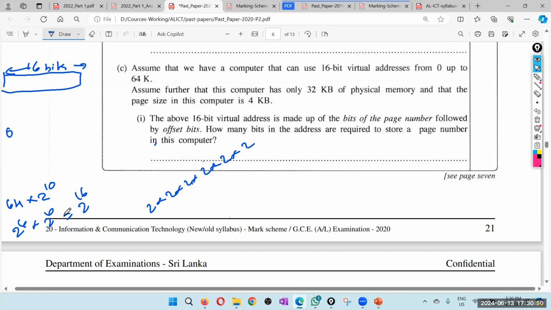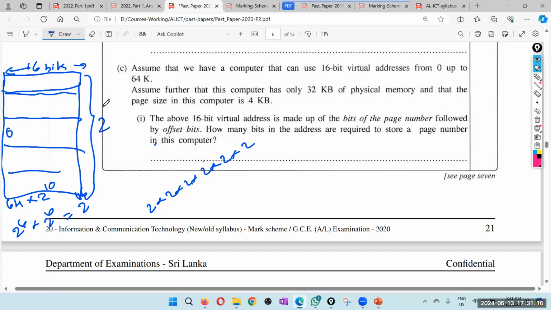That means you have 2 to the power 16 addresses, because addresses start from 0, 1, 2, 3, up to that. If you take the entire logical or virtual memory, it has pages, but altogether there are 2 to the power 16 addresses.